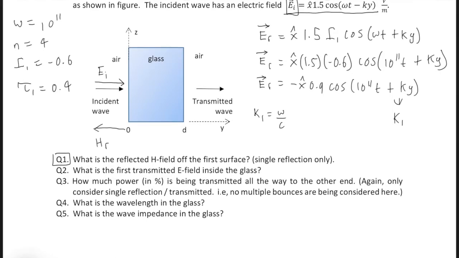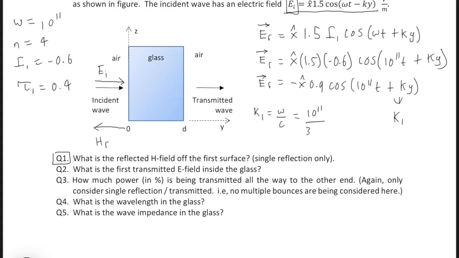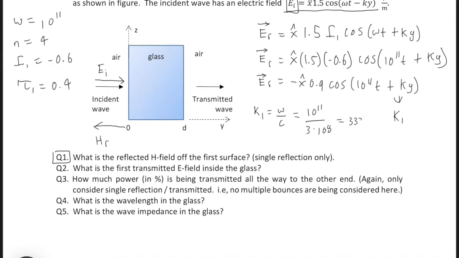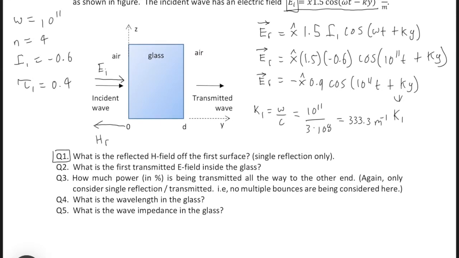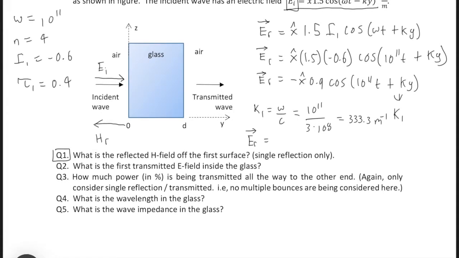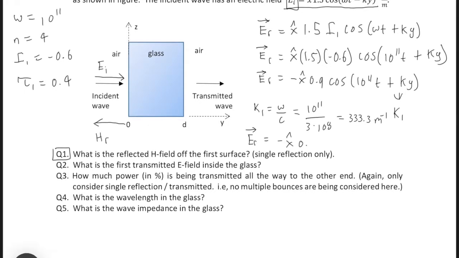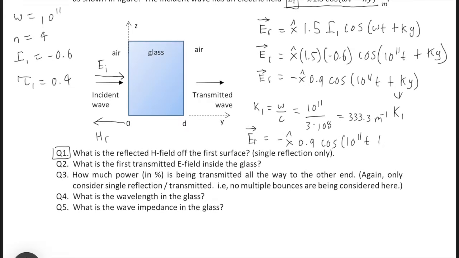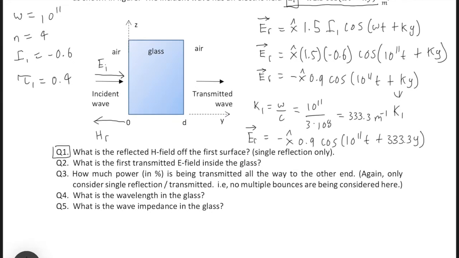And then our omega over c is going to be equal to 10 to the 11 over 3 times 10 to the 8, which will give us a total of 333.3 meters to the negative 1. So then our E R is going to be equal to negative x hat 0.9 cosine 10 to the 11 t plus 333.3 y. So that's our E reflected.